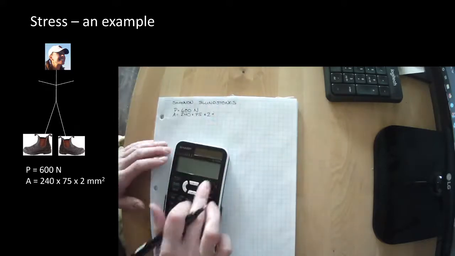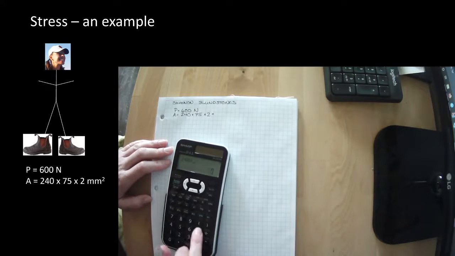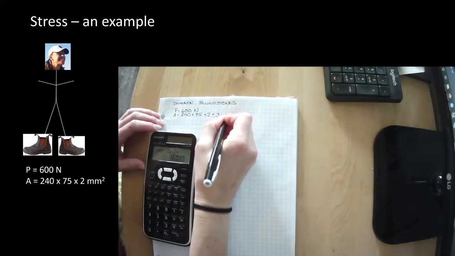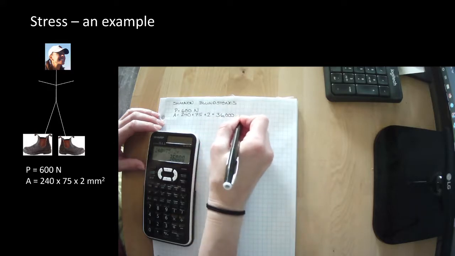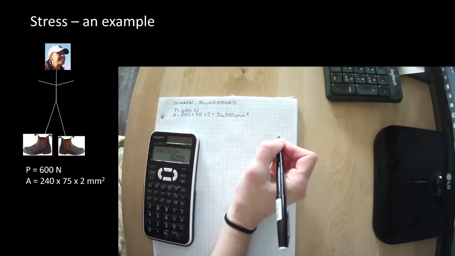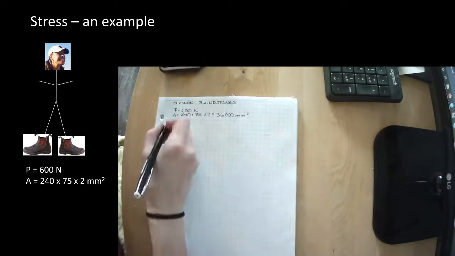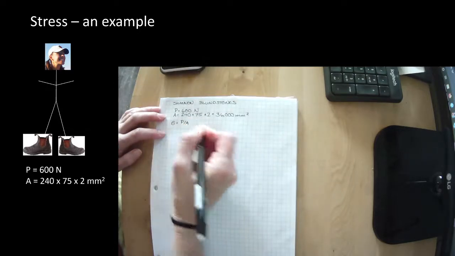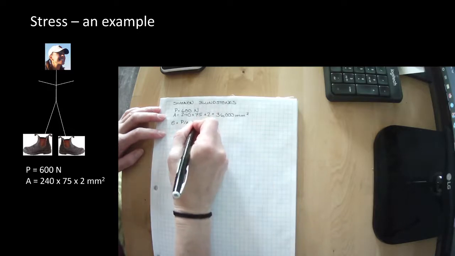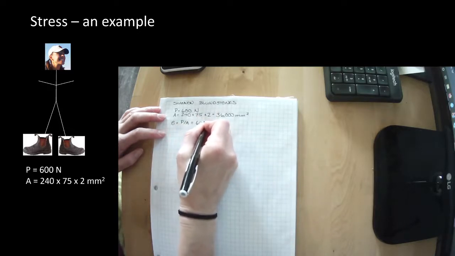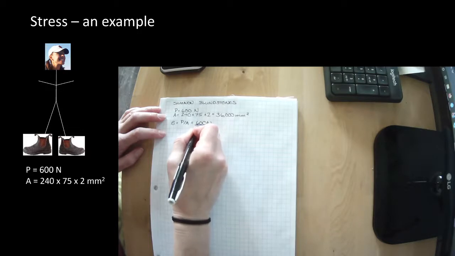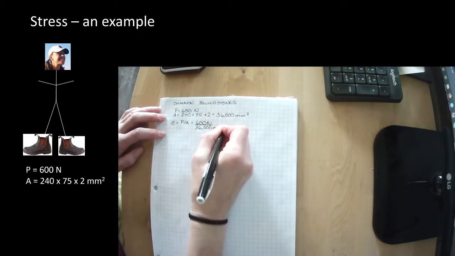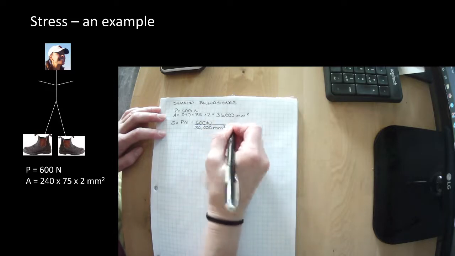So we can calculate this. We've got 240 times 75 times 2, or 36,000 millimeters squared. We know that stress equals force divided by area, or 600 newtons divided by 36,000 millimeters squared.